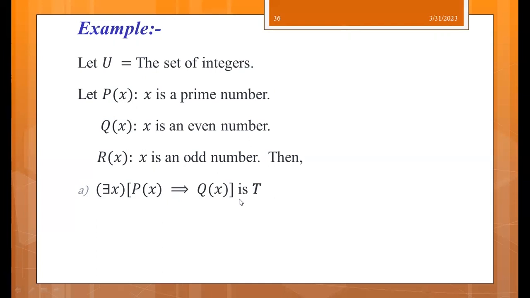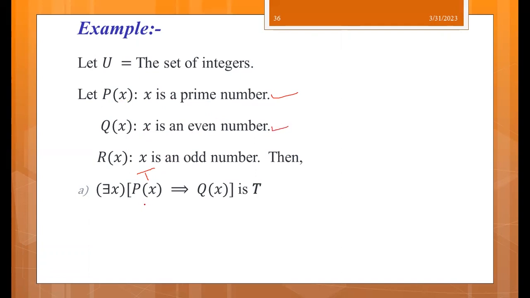For example, consider x equal to 2. What is P of 2? P of 2 means 2 is a prime number, which is true. And what about Q of 2? Q of 2 means 2 is an even number.